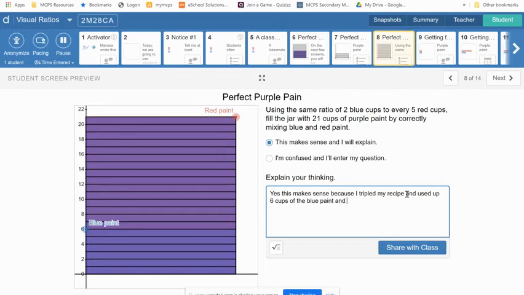And if we had to use 5 cups of the red, 5 times 3 is 15. And 15 cups of the red paint. Yes, this makes sense because I tripled my recipe and used up 6 cups of the blue paint and 15 cups of the red paint. 6 plus 15 equals 21.